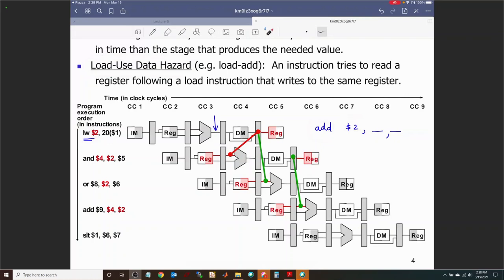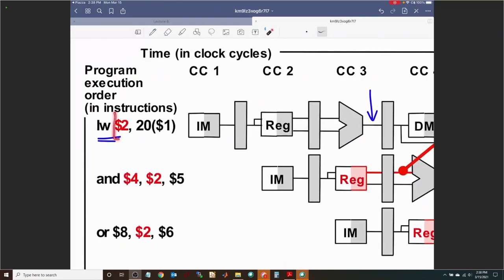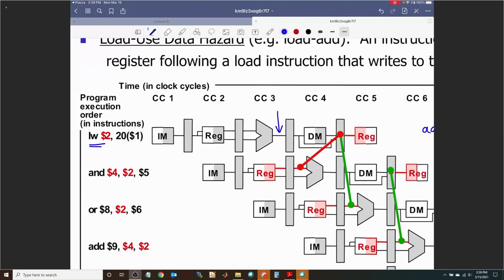Questions here? I hope you see that the problem is I'm trying to load something into $2, and right in the next instruction, I'm using that same register. So in one case, the data is ready here, right?